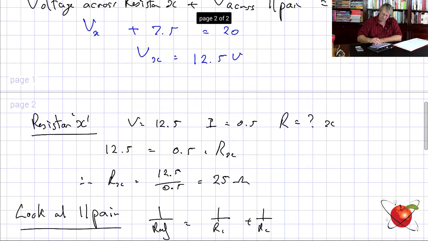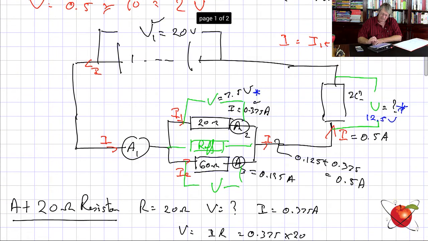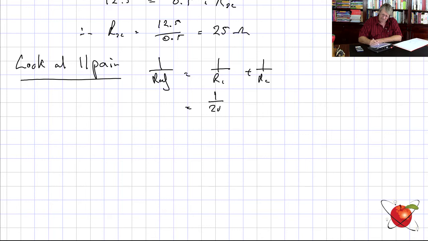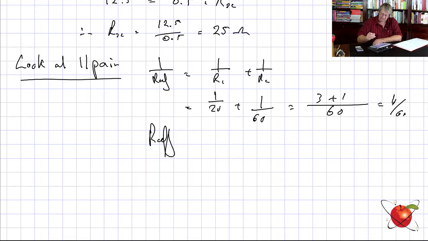That is 1 over 20 plus 1 over 60, which is 3 plus 1 equals 4 over 60. Therefore, R effective is, what do we always forget, to invert. So it's 60 over 4, which is 15. So the R effective is 15 for those two.